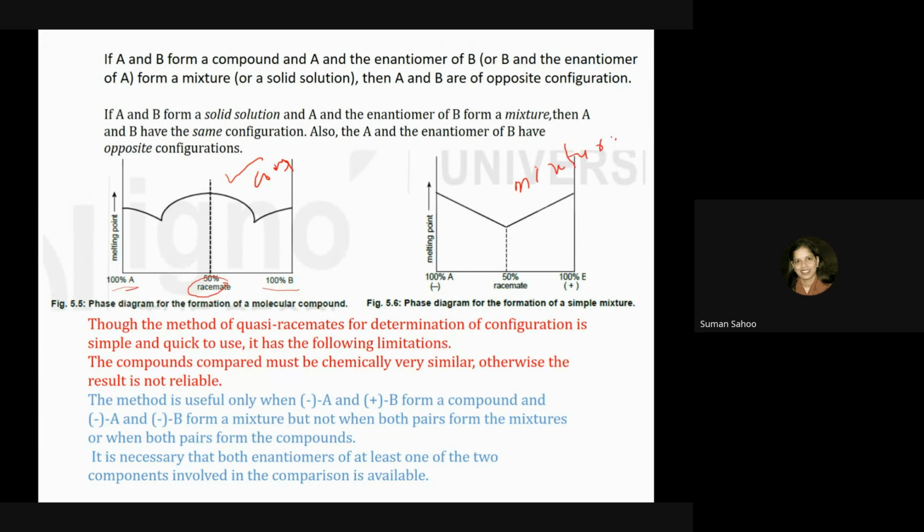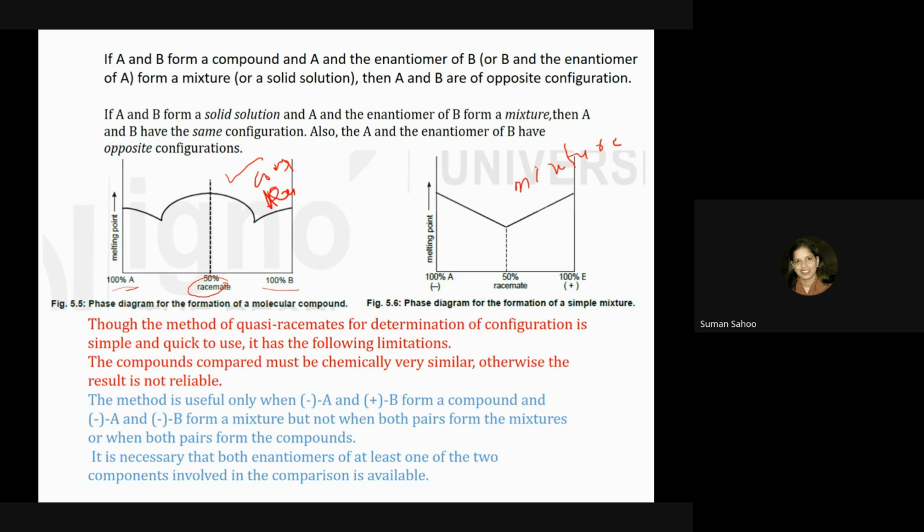Okay, so if they form a compound, that means A and B form a quasi-racemate. If they do not form a compound, they would give this type of curve, and then they are not forming a quasi-racemate.